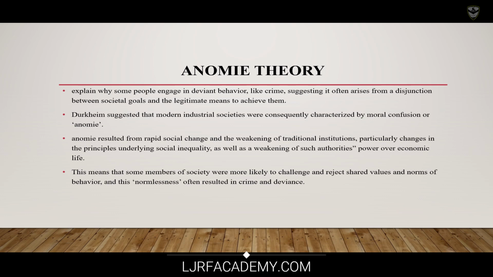We all know that every society has norms, rules, and regulations that need to be followed by most of the people in order to be considered as a normal person. So when a state has no rules or regulations, or when there is a lot of chaos happening, that moral confusion or that concept as such would be termed as anomie.